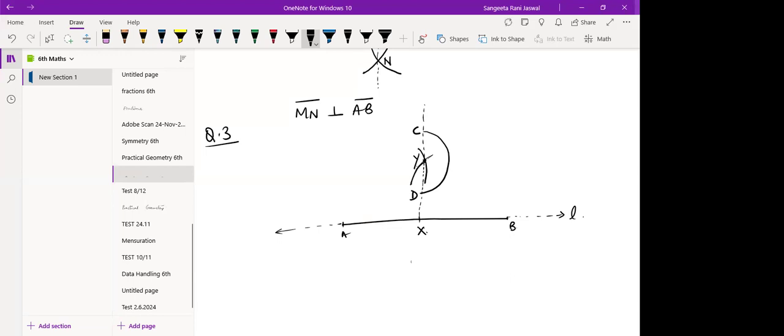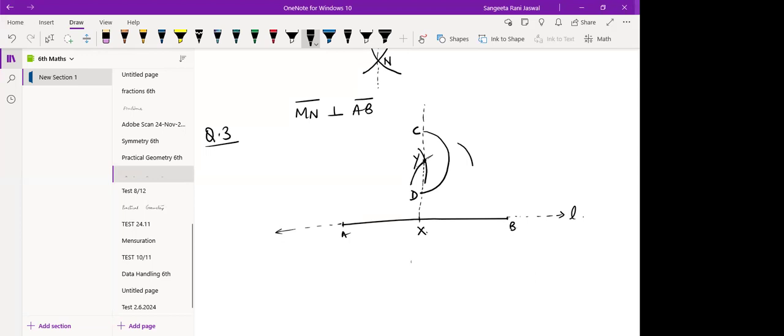Now, keep your pointer at B. Again, you have to construct a perpendicular. Following the same steps, open the compass to more than distance DY and make an arc here.